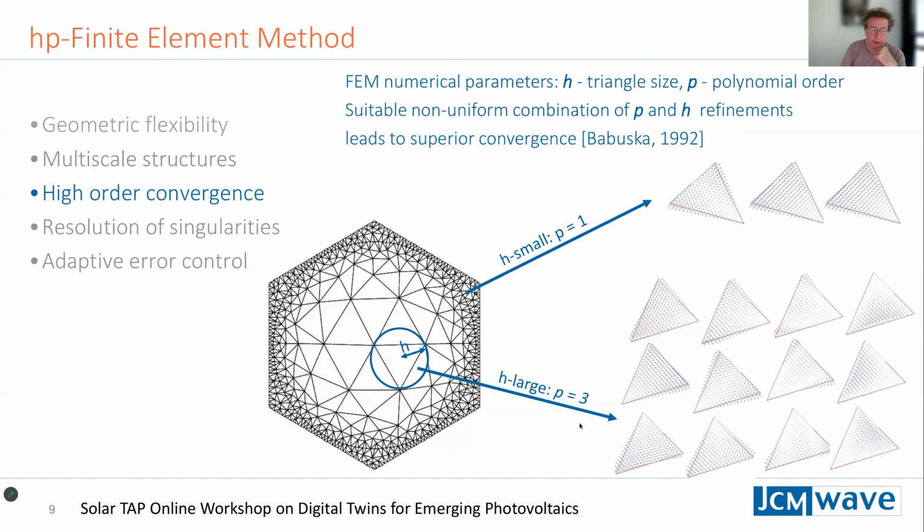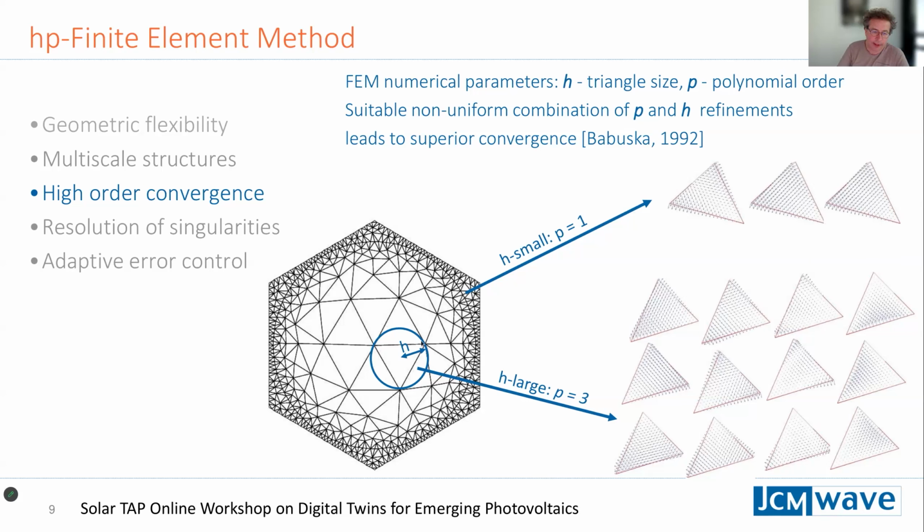And then when we have created a mesh, we compute the solution to Maxwell's equations on that using so-called finite elements or mesh elements, vector elements on these meshes. And there are typically two different parameters for reaching higher accuracy here.